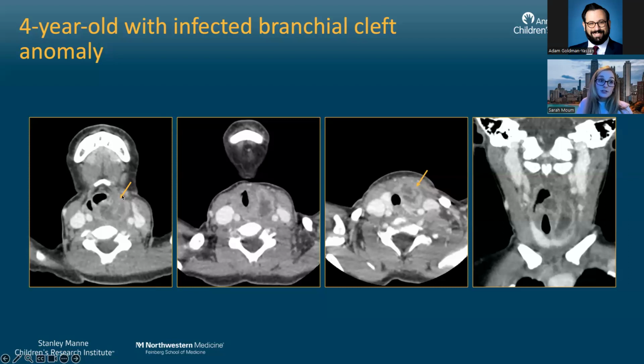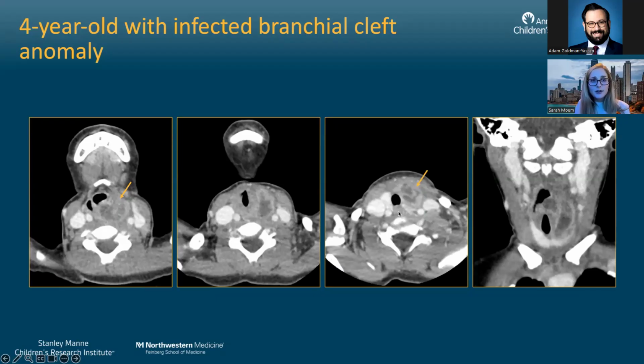So this is actually at the level of the supraglottic larynx, and it's starting at the posterior left lateral supraglottic larynx. If we track it down, it terminates at the level of the left thyroid lobe. So, a different pattern than what we were seeing with the palatine peritonsillar abscesses earlier.